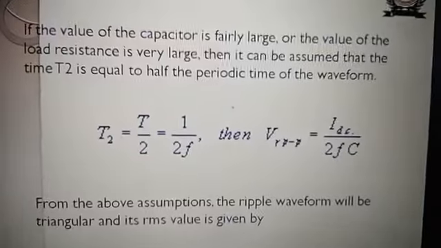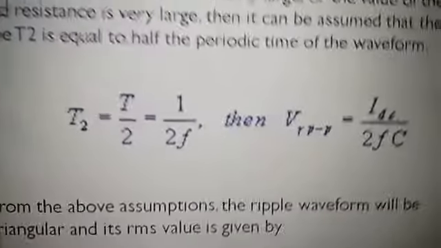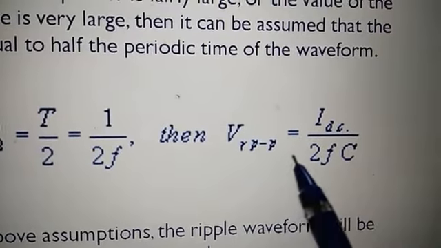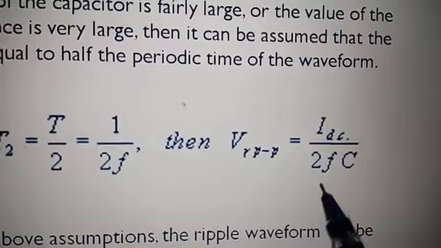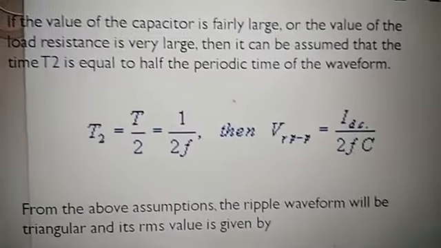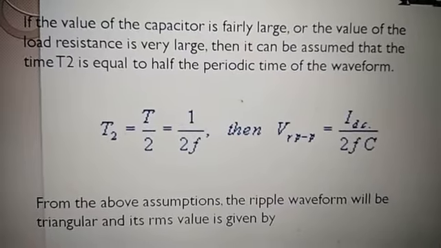It is not necessary, but you can go through it. The ripple voltage peak to peak is given by IDC upon twice F into C, where F is the operating frequency and C is the value of the capacitor.